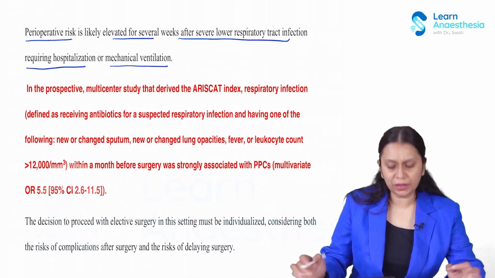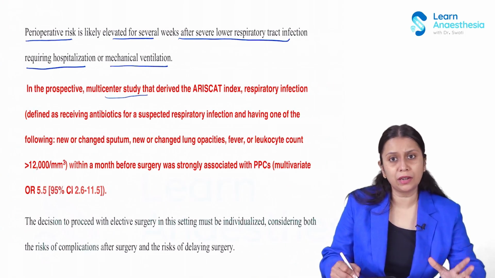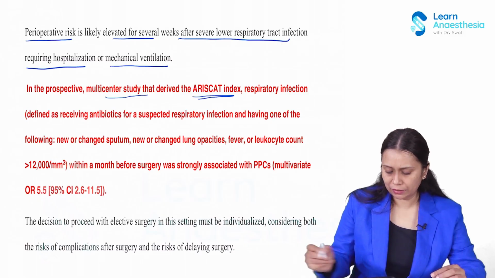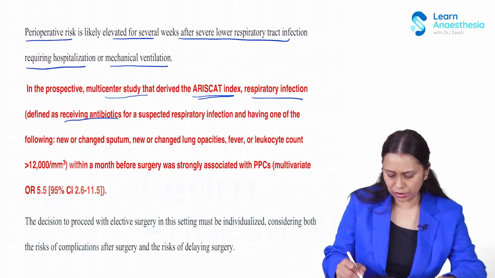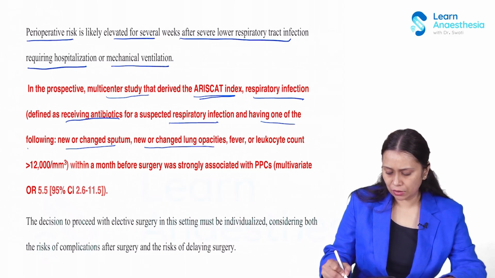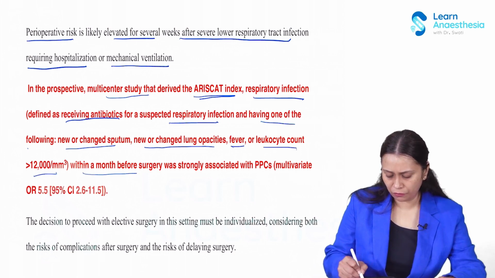Now, in a prospective multi-center study that derived the ARISCAT index, they defined respiratory infection as a patient receiving antibiotics for suspected respiratory infection and having one of the following: new or changed sputum, new or changed lung opacity, fever, or leukocyte count more than 12,000 within a month before surgery.